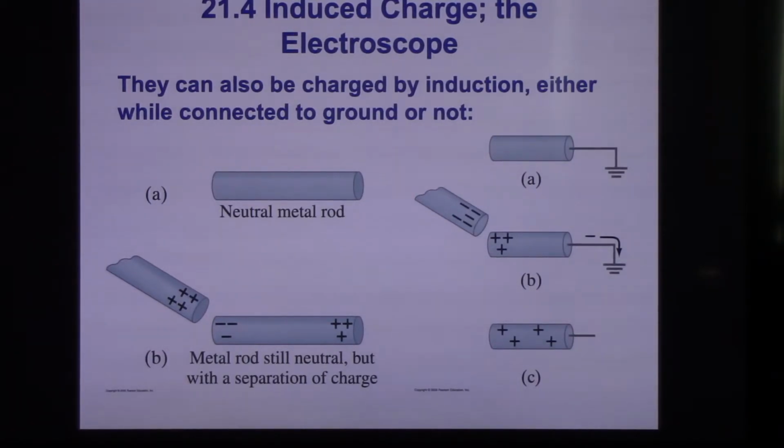The idea is to prevent any accumulation of charge on the wiring of a house. So that grounds it to the earth. Even though the earth is not a super good conductor, it's such a large object that it can provide electrons or remove electrons as needed to prevent any kind of buildup.